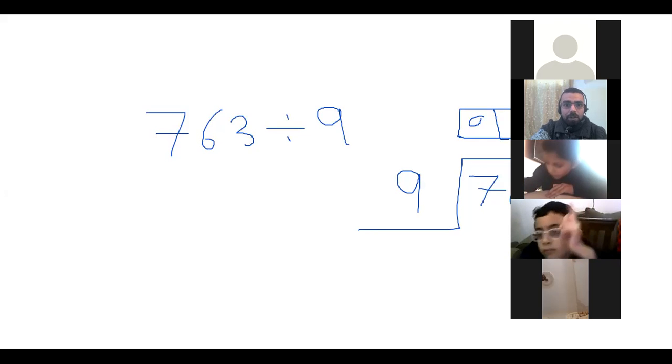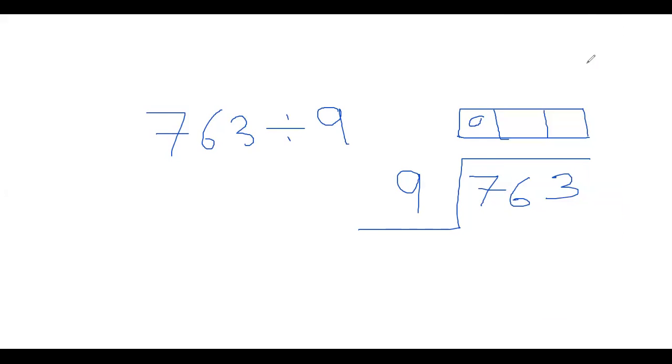Okay, so now I know that 9 times 8 equals 72, which is the closest one to 76. So that equals to 8. Now 8 times 9 equals to 72. Then we subtract. 7 minus 7 is 0. 6 minus 2 is 4. Then we drop down the 3.